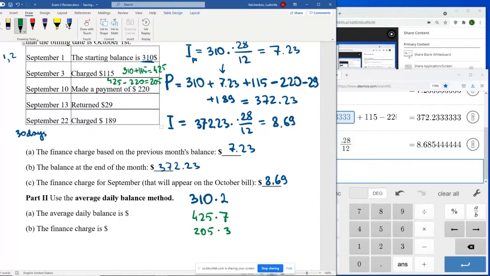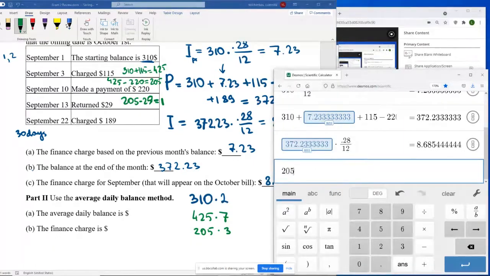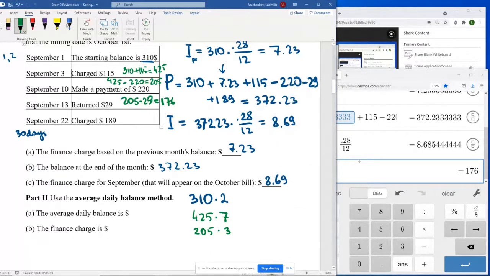The next balance, return 29. So it is reduced by 29. 205 minus 29. Let me check to be sure. 205 minus 29 is 176. 176 was for how many days? 22 minus 13 will be 9 days.